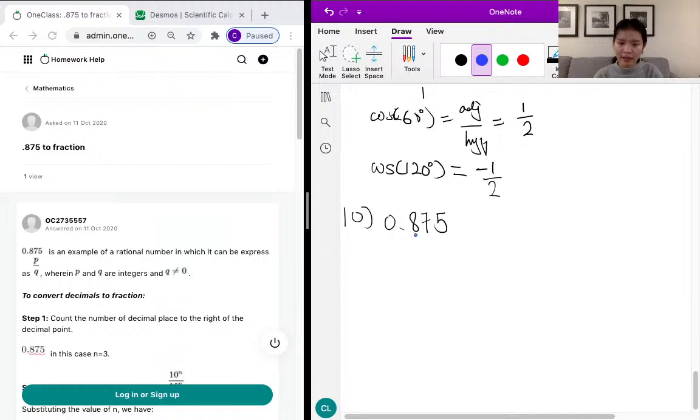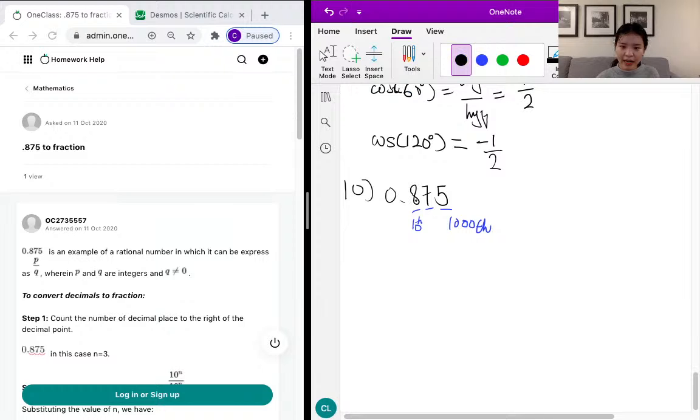We know that the 8 is in the tenths place, the 7 is in the hundredths place, and the 5 is in the thousandths place. So in this case, we just need to take the entire number, 875, and divide it by 1,000. That's how we convert this decimal to a fraction.